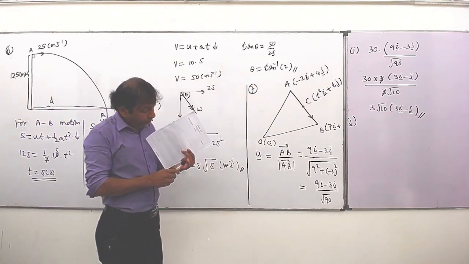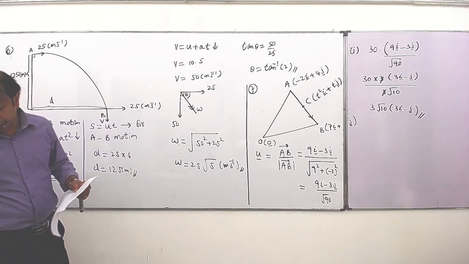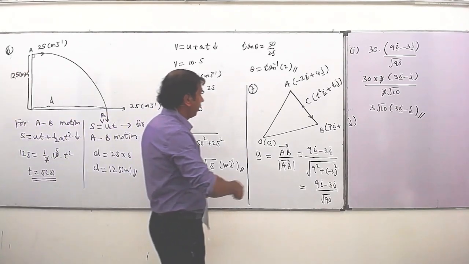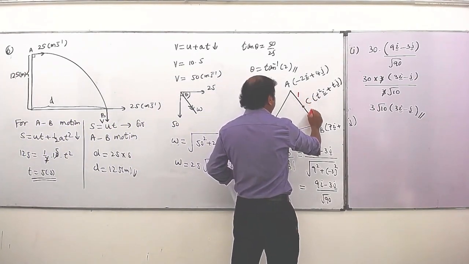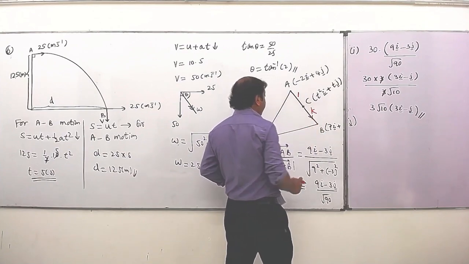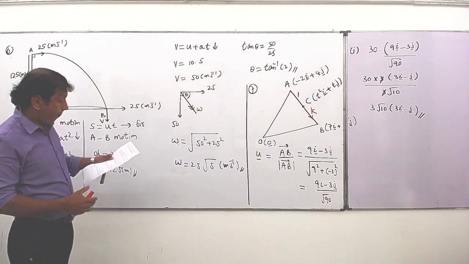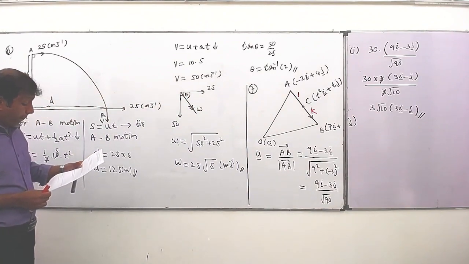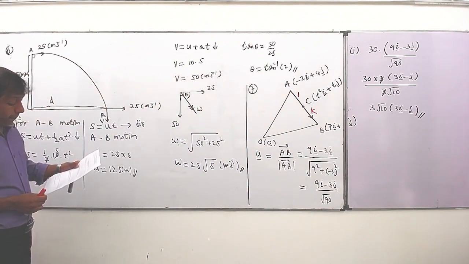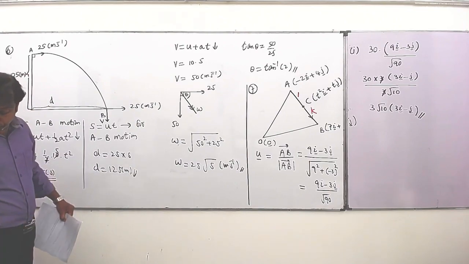I take the ratio of AC is to CB as 1 is to lambda, or 1 is to k. This way I take 1 is to k. Asking t and the AC to CB ratio. Right.